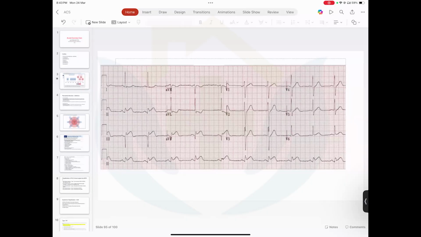That is the preferred agent now, but it is not yet in the guidelines. It is still alteplase. It is a single agent, weight based, and it is the most fibrin specific. And streptokinase is the least fibrin specific. And reteplase is the one where you need 2 boluses, 10 units IV, 30 minutes apart.